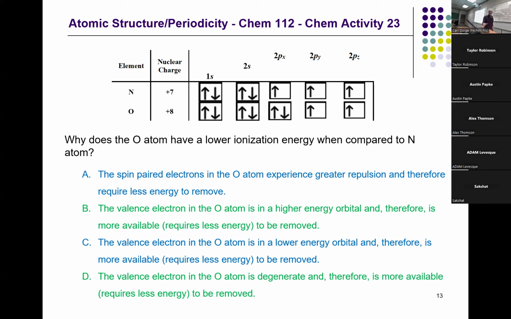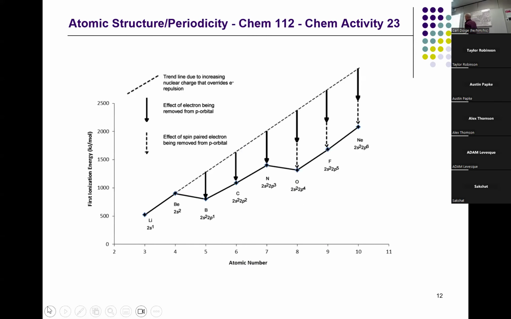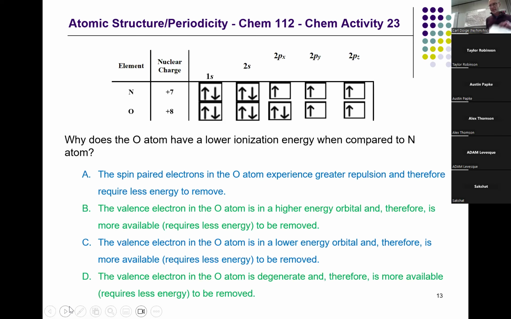To set the stage, I'm talking about why there is a dip from here to here, and correspondingly all of these. One of the things that I often ask you to do related to that, and this diagram at the top is found on page 136, is comparing nitrogen to oxygen. So please don't look at these just yet. Hold on, okay? Let's look up here.